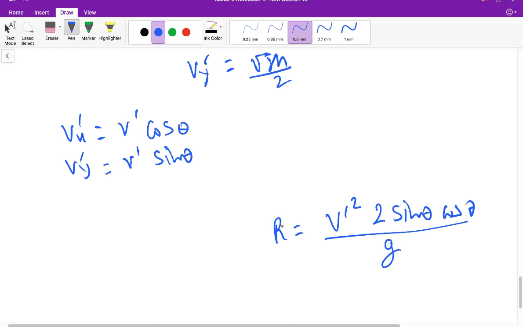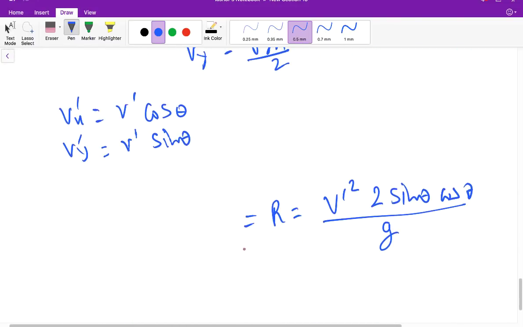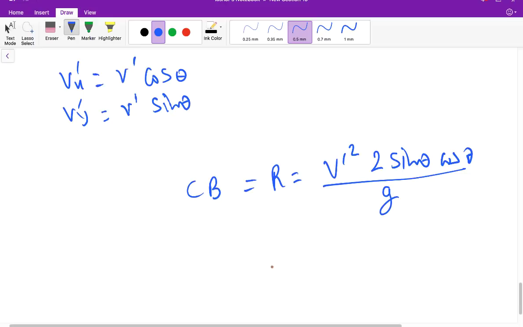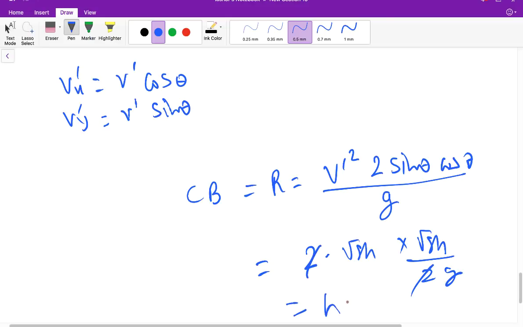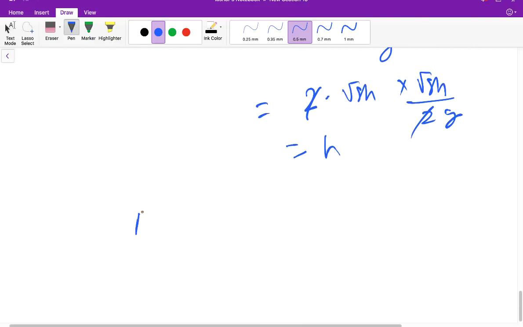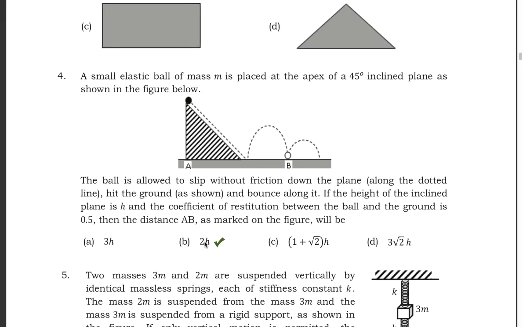So the range R, which in our case is BC, is this much, and by simply substituting, it is 2 into root gh into root gh by 2 over g. Now 2 cancels and this thing is just h. So our AB is h plus h equal to 2h. So that is option B.